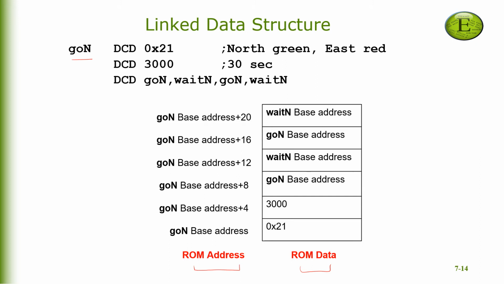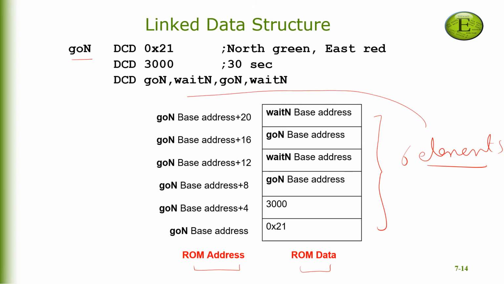So there are 6 elements in this array whose label is go n. Essentially, this go n is representing the base address of this array. If you add 4 to the base address, you are indexing the second element, or element and index number 1.